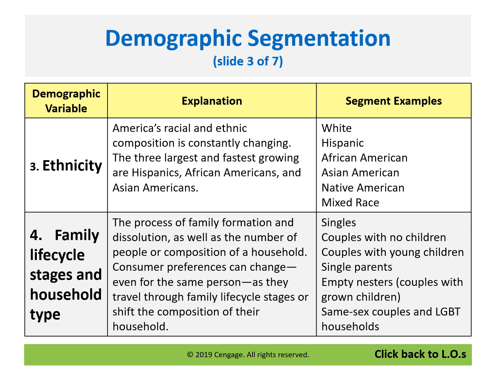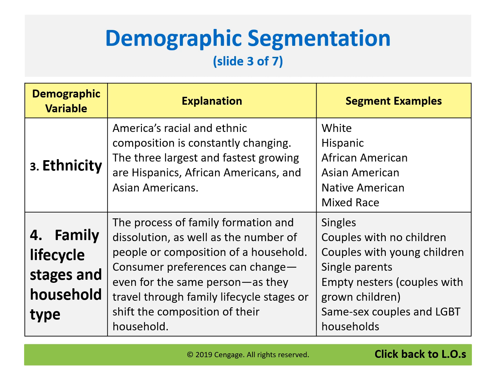Fourth variable is the family life cycle stages and household type. It refers to the process of family formation and dissolution, as well as the number of people or composition of a household. Consumers' preferences can change even for the same person as they travel through family life cycle stages or shift the composition of their household.